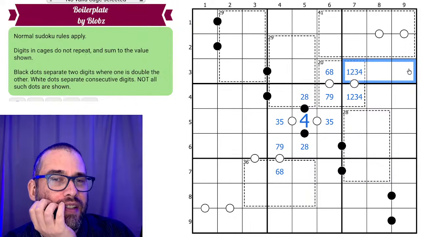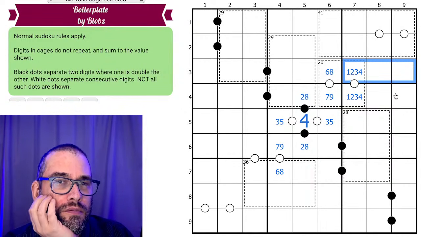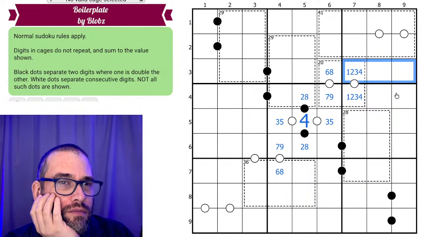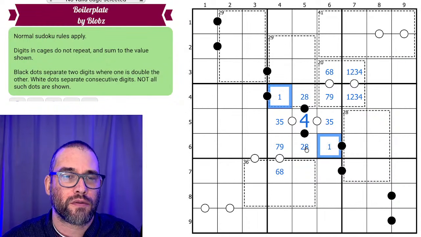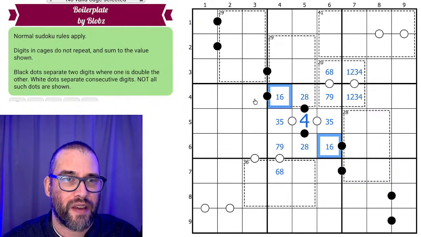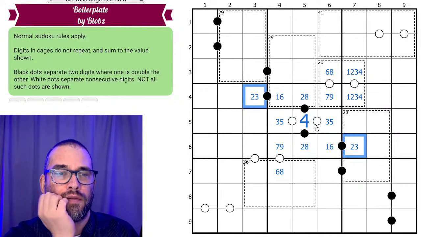This box does need a 4 in these cells. 1, 6 pair. Not 2. 1, 6 left in box 5. Thank you, Emma. So these are a 2, 3 pair.